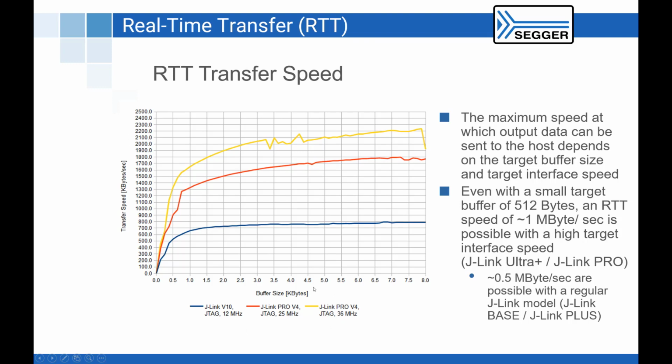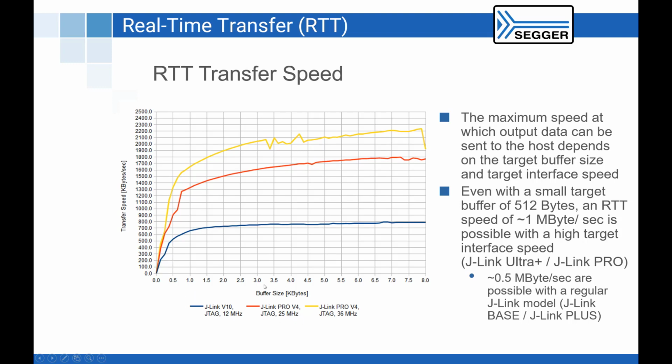So again, here we have the buffer size, and here is the transfer speed. And then we have that for 3 different probes. The blue line, the lower line here, is for a regular J-Link version 10 with 12 megahertz target interface speed. And you can see that even with a very small buffer of 512 bytes, you can still get like half a megabyte per second. That's just with the regular J-Link and a very small buffer.